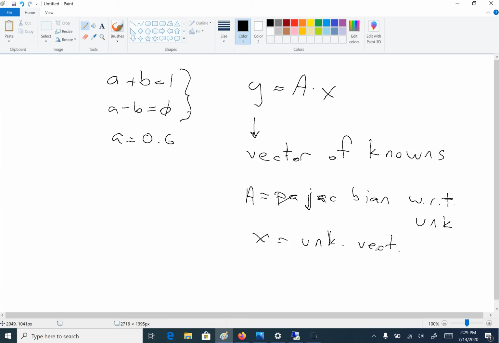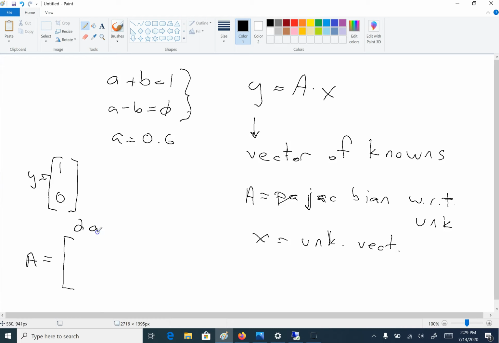So if we look at the first two, our vector of the knowns is just going to be equal to 1 and 0. Our Jacobian is going to be the partial derivatives with respect to the unknowns, and it's going to be a 2 by 2 matrix.